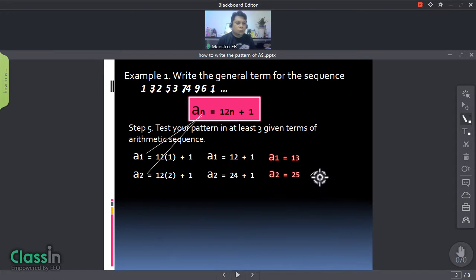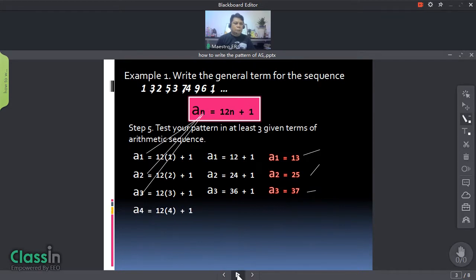So check. Okay, 25. And we have 13 as your a sub 1. For the a sub 3, that is 12 times 3 because your n now is 3. So therefore a sub 3 is equals to 36 plus 1, which is equals to 37. Check. Then we have a sub 4.